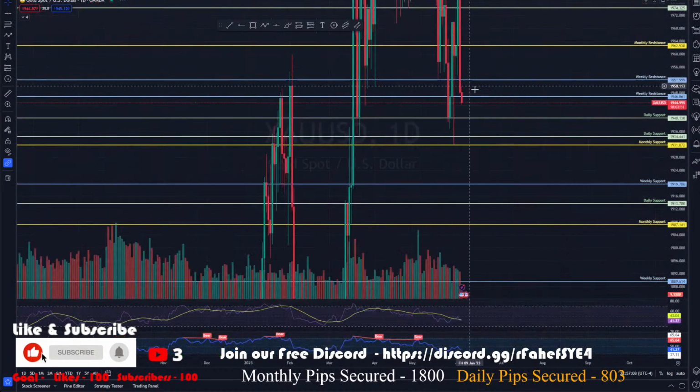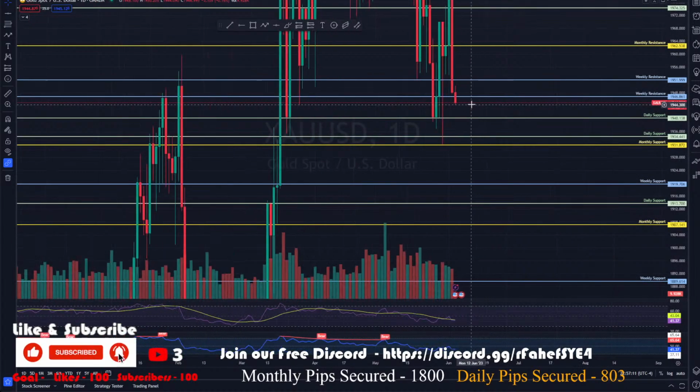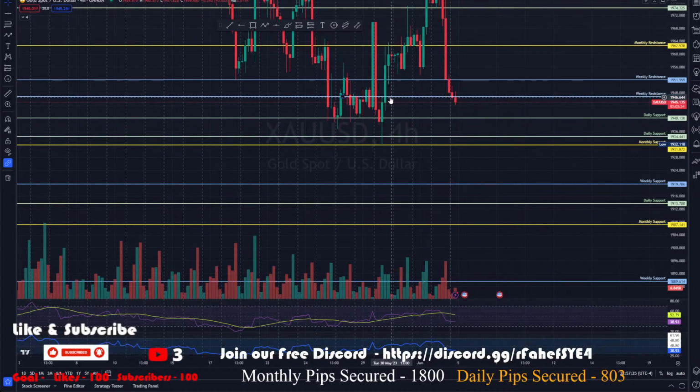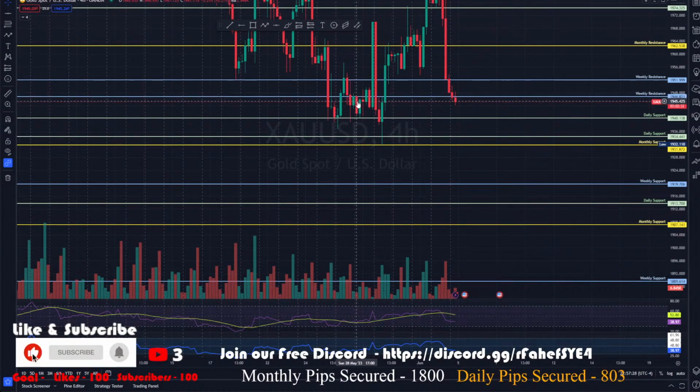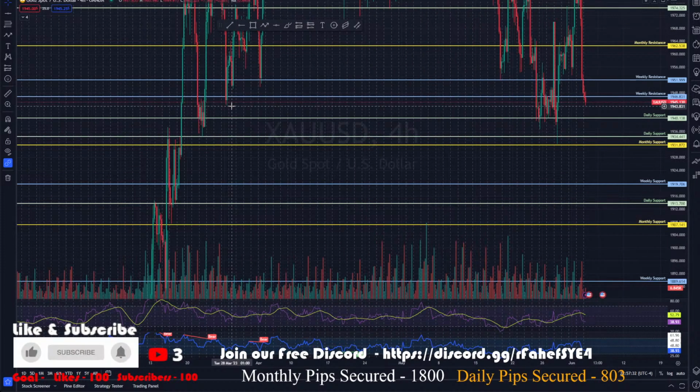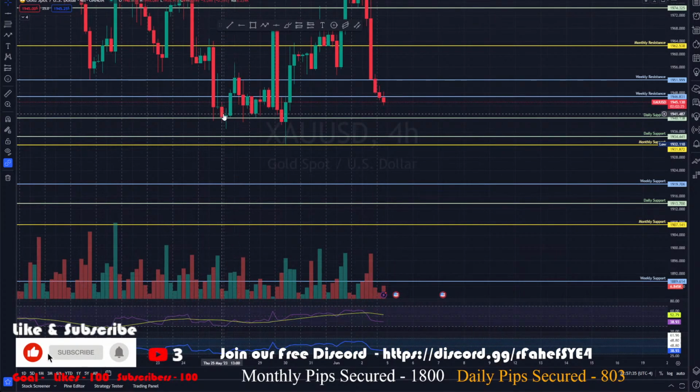Let's go to daily. Okay, a little bit better. 2 top wicks, 2 bodies, another bottom wick. So this is an area where price has rejected previously up until monthly support of 1931.